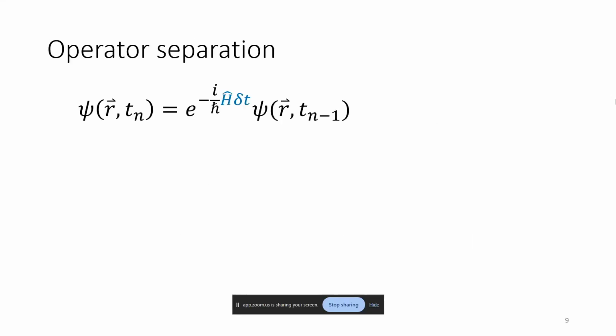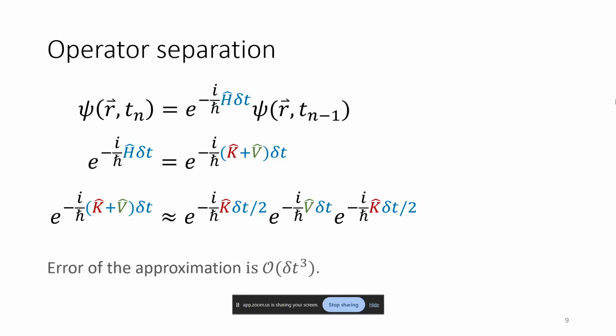Okay, there is that. But you have also already seen that the Hamiltonian operator has the kinetic operator and the potential operator, and these two do not commute in the general case. So you cannot really factor these into two terms, but we do it anyway, and we introduce an error of the approximation, which is O of delta t cubed.